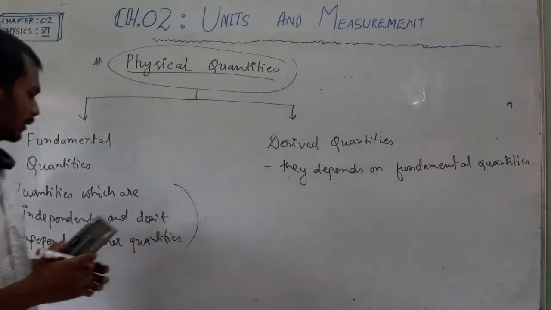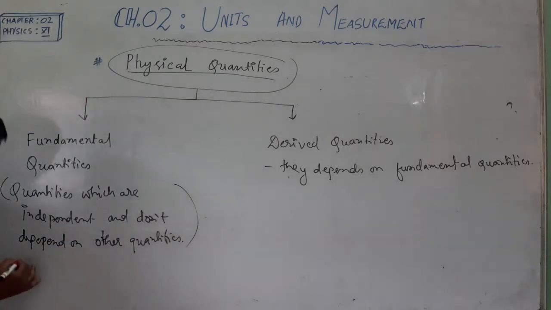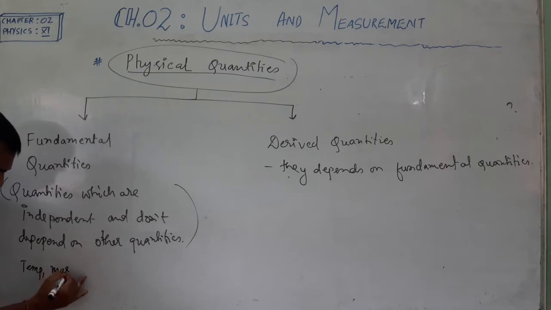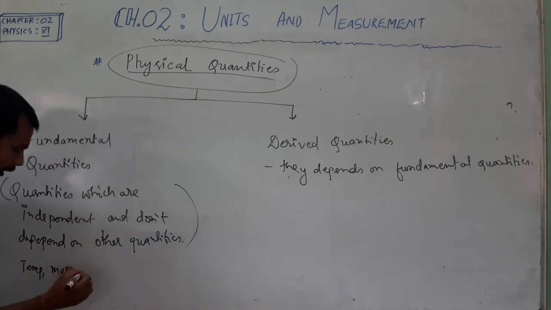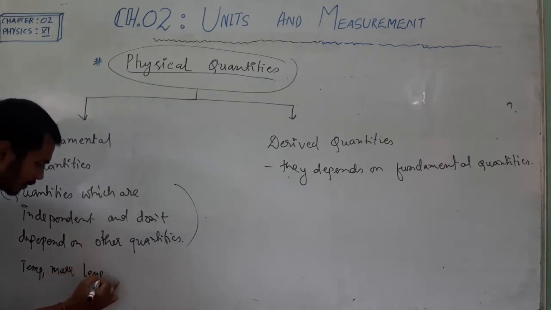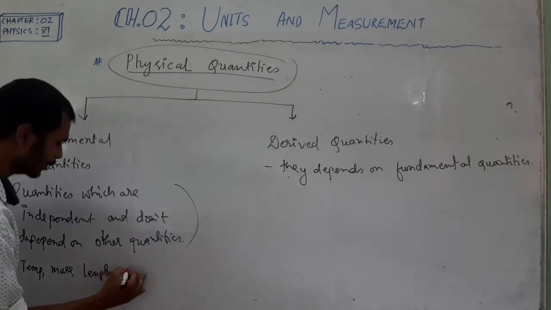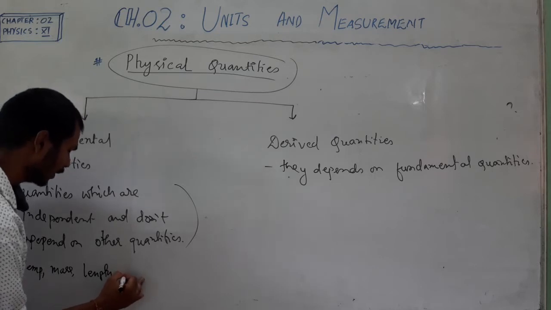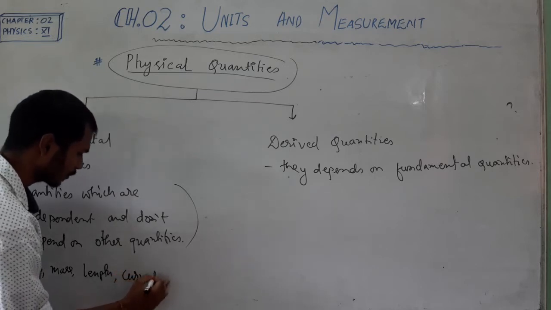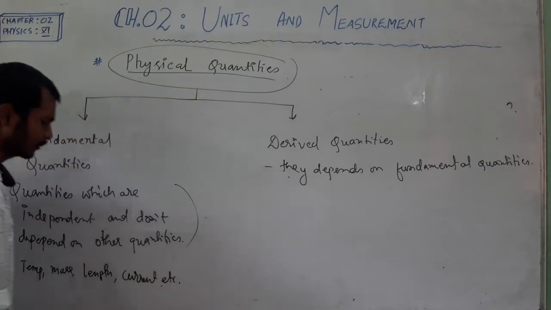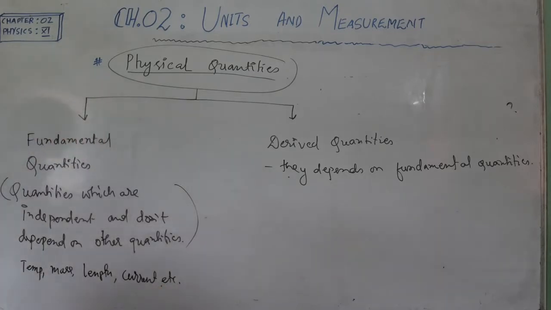Clear? Say for example, we can write temperature, mass. Okay. Next is length. These are fundamental quantities, or we can say temperature, current, etc. So these are fundamental quantities.